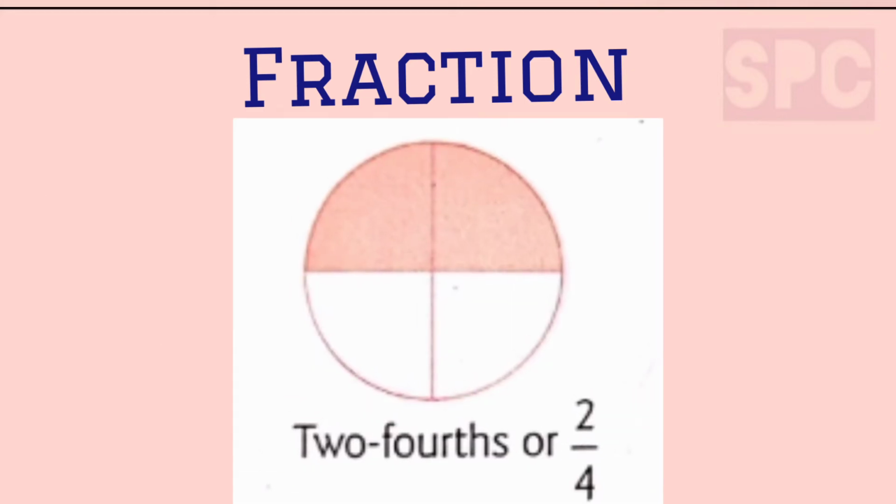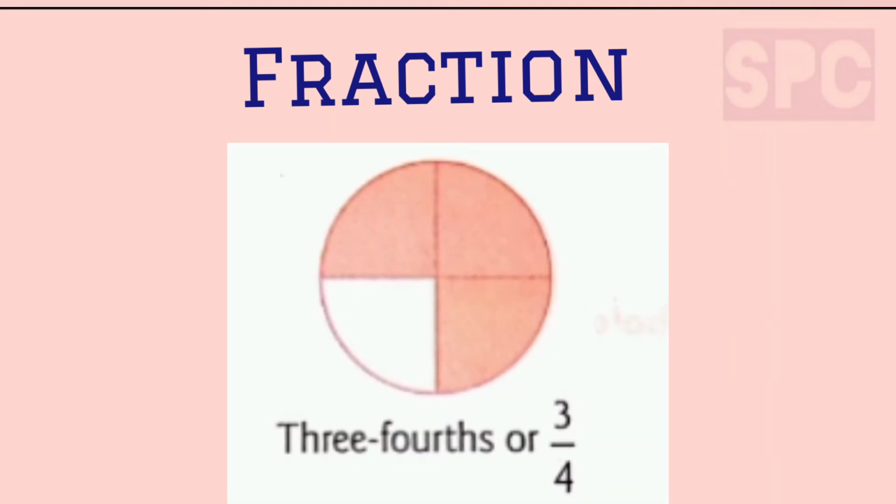Now, instead of one part, if we take two parts into consideration, as you can see in this image, two parts are shaded, then the desired fraction will become 2/4 or 2 by 4, as 2 is the numerator, which is the total number of parts taken into consideration, or you can say shaded, and 4 is the denominator, which is the total number of parts in which the whole is divided into.